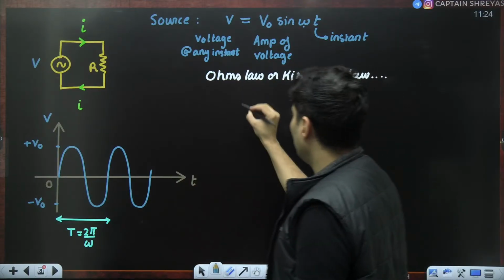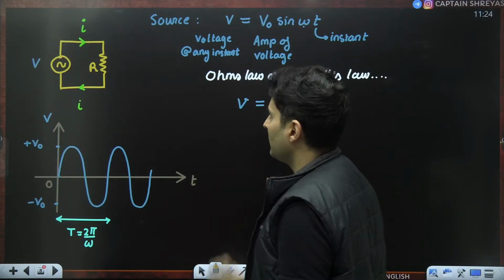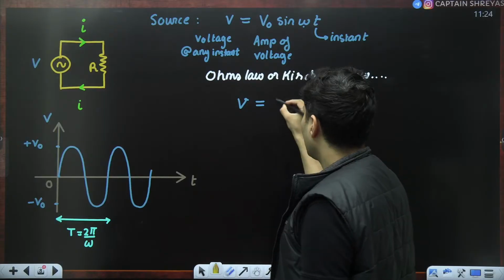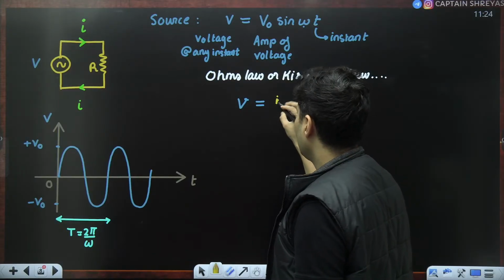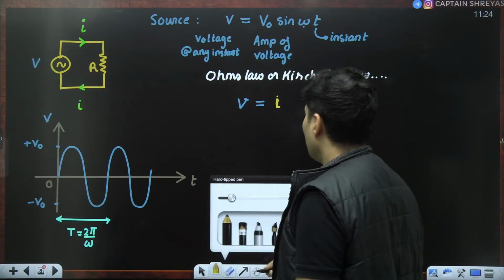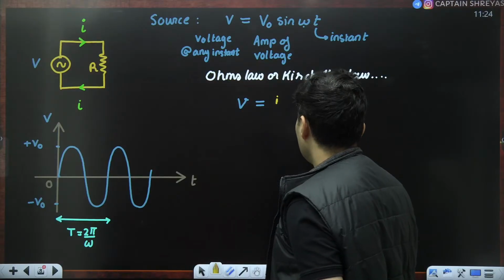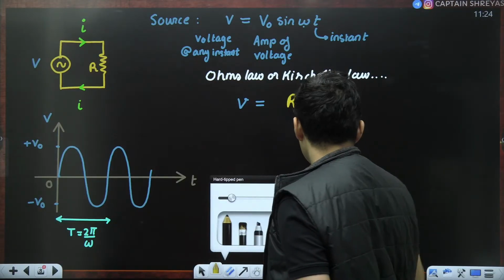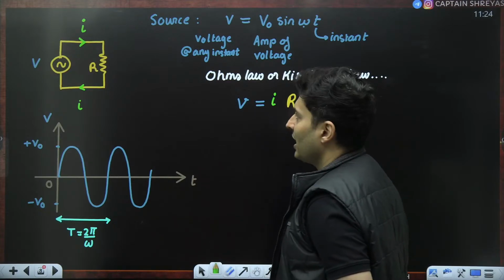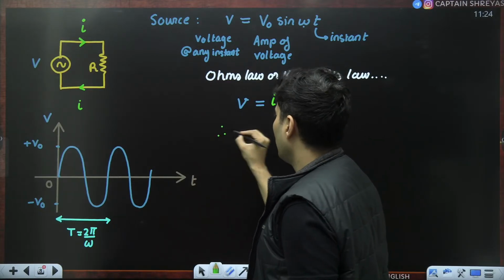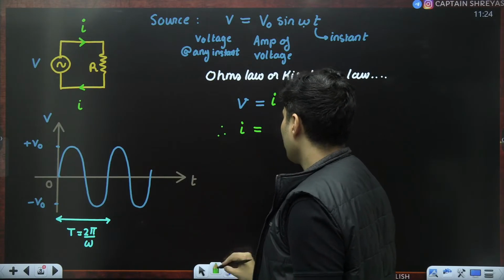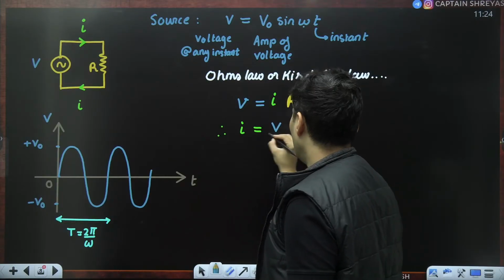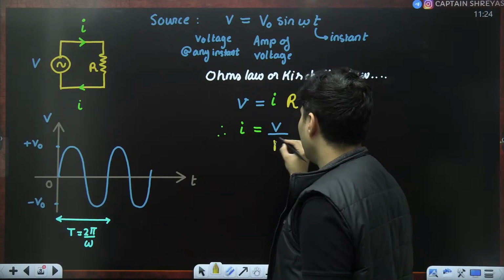The applied voltage at any instant should be the current multiplied by the resistance. Therefore, the current value will be nothing but the voltage divided by the resistance.